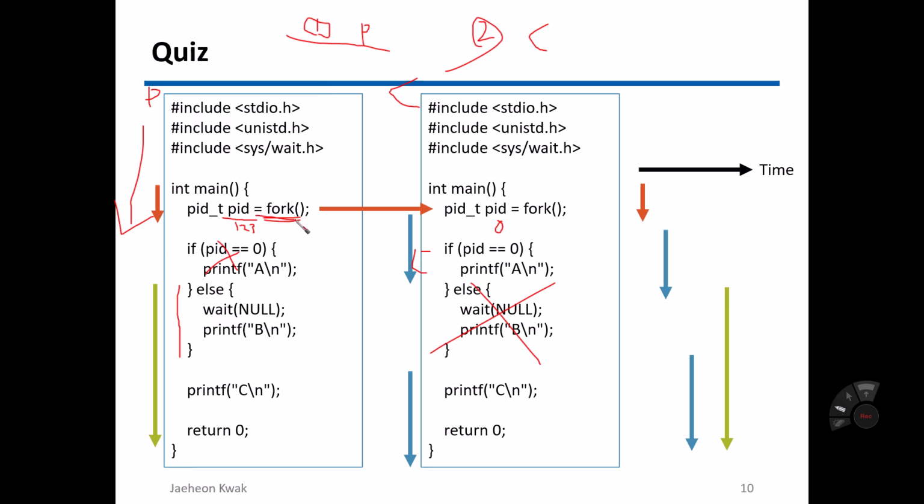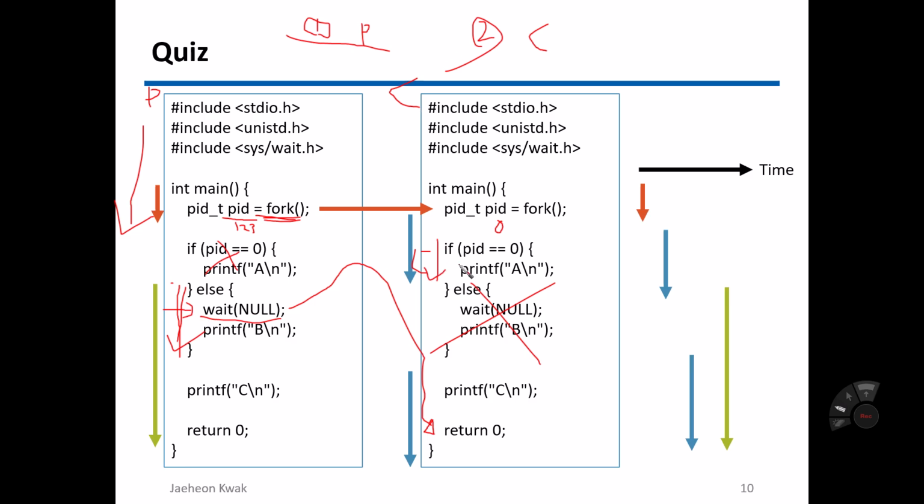After the fork function, even if the child process is created, these lines will be executed. And here, the parent process will face this wait function, and due to this wait function, the parent process will wait for the termination of the child process. So after this, the child process will be executed.